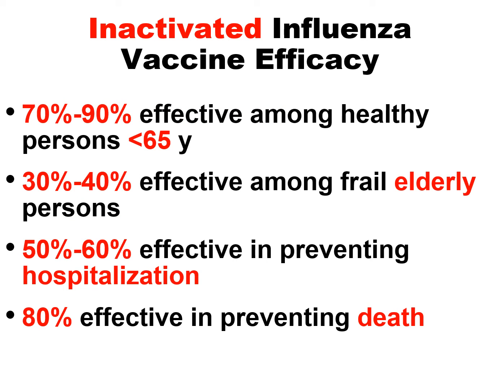Inactivated influenza vaccine efficacy may reach 90% among those younger than 65 years, maybe 40% effective among frail elderly persons, 60% effective in preventing hospitalization, which is important so the hospitals can work, and 80% effective in preventing death.